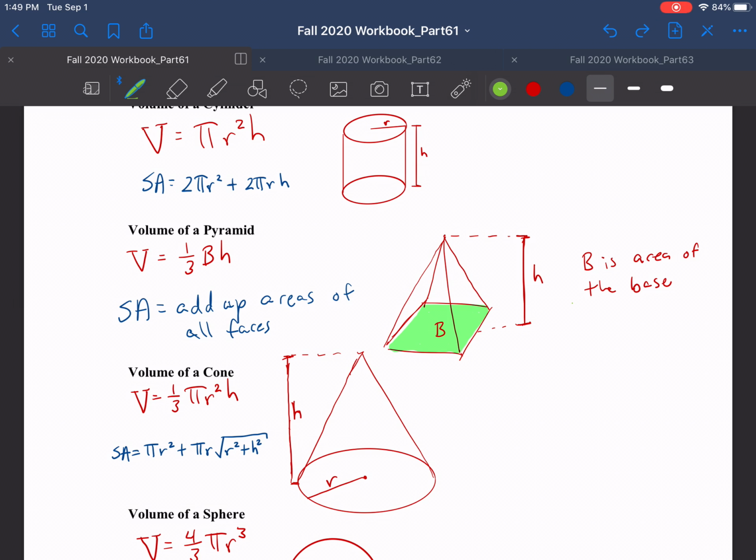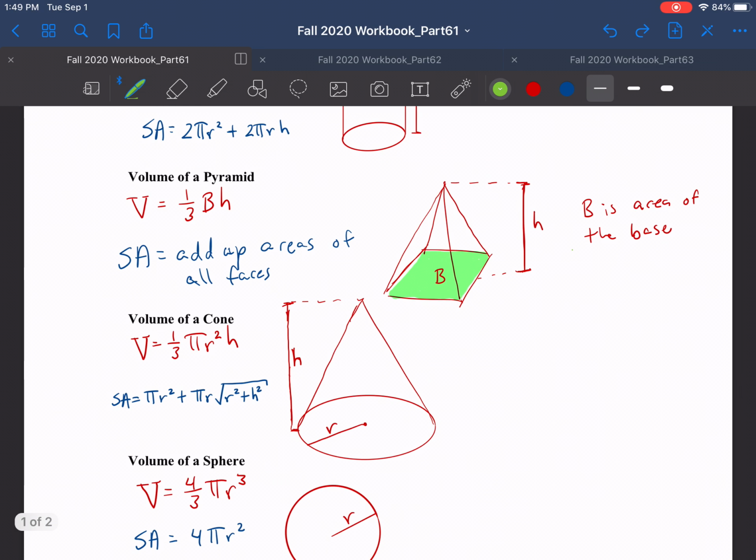That can be a little bit tricky, but if you had a pyramid like that, you'd have to find all these triangular faces and add them to the area of the base down there. Okay, so it's different for each pyramid. That's why we don't have a single equation for it.